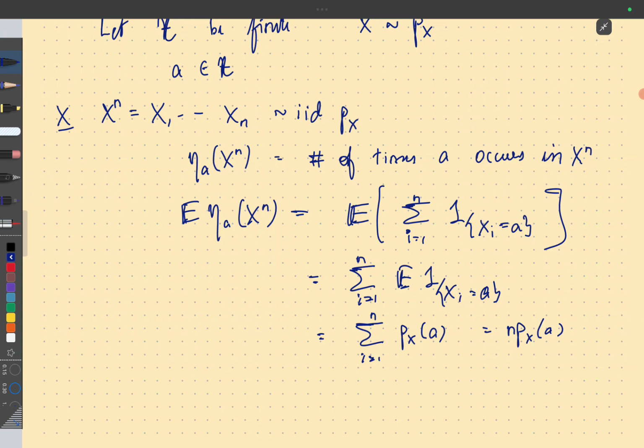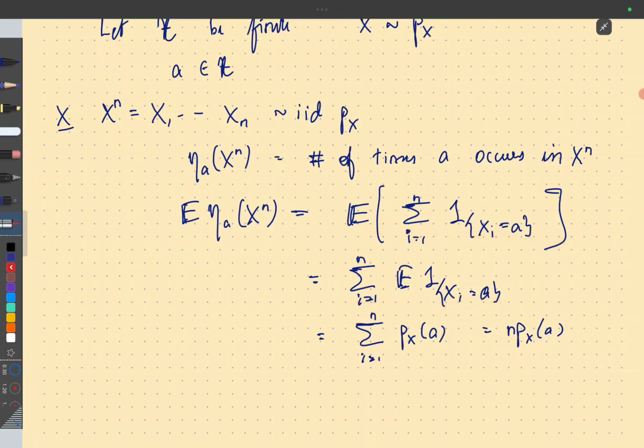Okay, great. So this is fairly straightforward, but let's go back, revisit the steps that we have done and see if this particular statement holds in more generality. Now, in these steps, I never really made use of the fact that the symbols are independent of each other. I just required identical distributions.